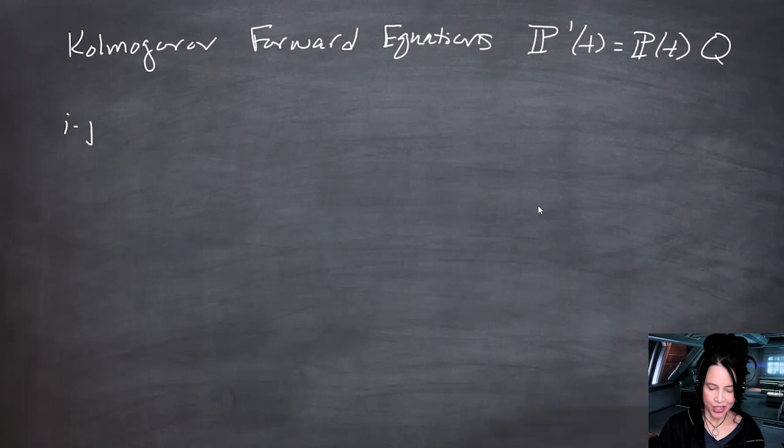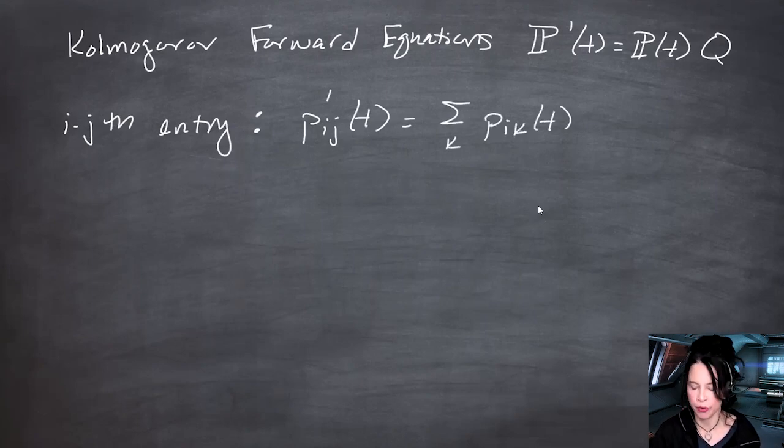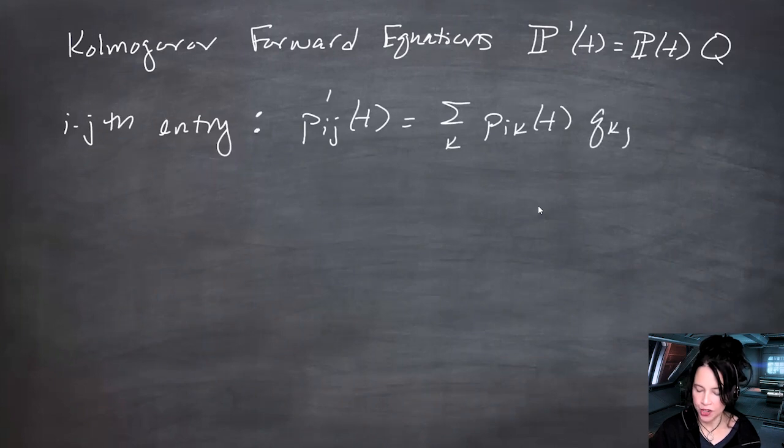And the ijth entry is P_ij'(t), and the sum over, say, k of P_ik(t), so that's going across the ith row, and then Q_kj. So that's the ijth entry of the Kolmogorov forward equations. I want to use this to find the stationary distribution, to find the pi's for the birth and death process.